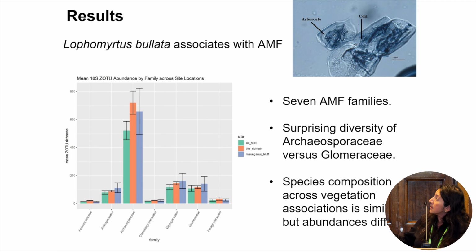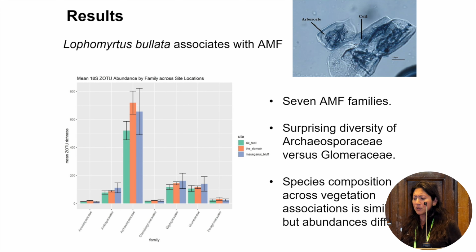So you can see these are some root cells, and you have the arbuscule in there, and then a coil as well. What was really interesting was that there were 7 arbuscular mycorrhizal families associated with this one mid-storey tree.